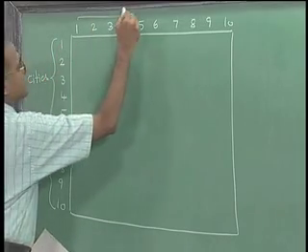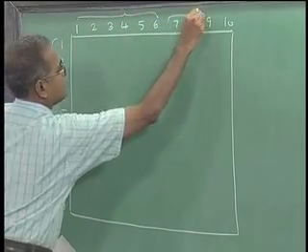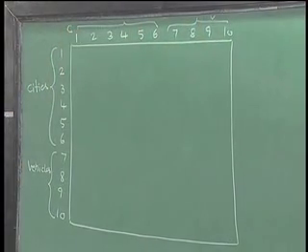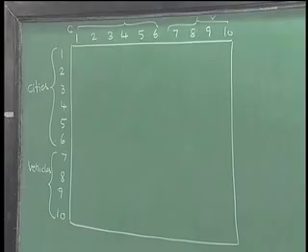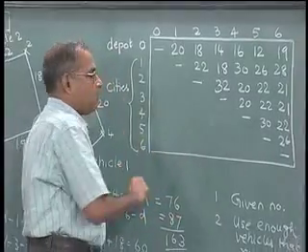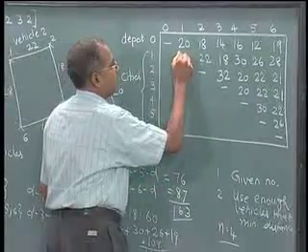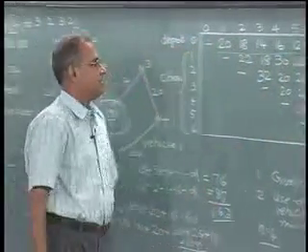Similarly, these are the cities and these are the vehicles. Now, this is going to be a distance matrix. So, right now we have a city distance matrix, which is given by this portion of the table.